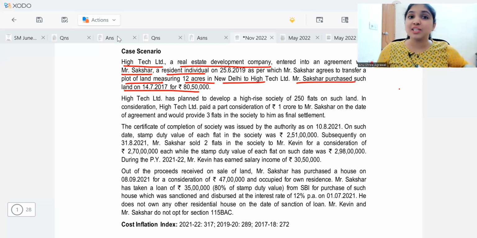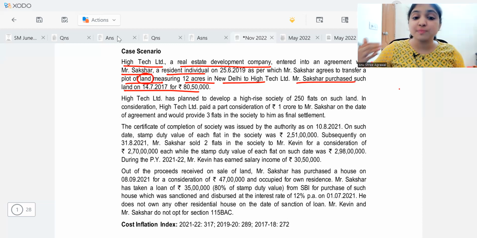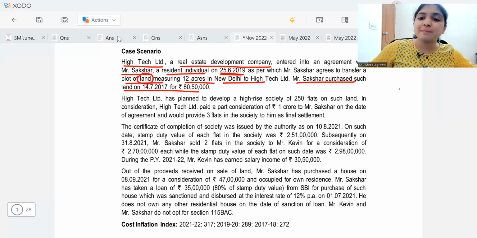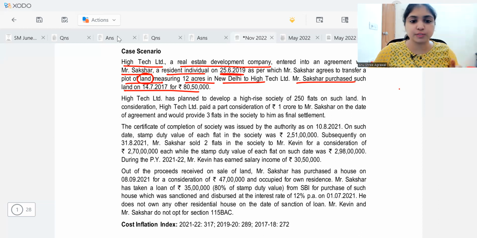So we have two people in our story, High-Tech Limited, which is a real estate development company, and we have Mr. Sakshar, a resident individual. Mr. Sakshar is transferring his land, his vacant land, guys, it's just a land. He's transferring his plot of land to High-Tech Limited. Okay, when is he transferring? The agreement was entered into on 25th June 2019, and long back Mr. Sakshar had purchased this land on 14th July 2017 for 80,50,000.